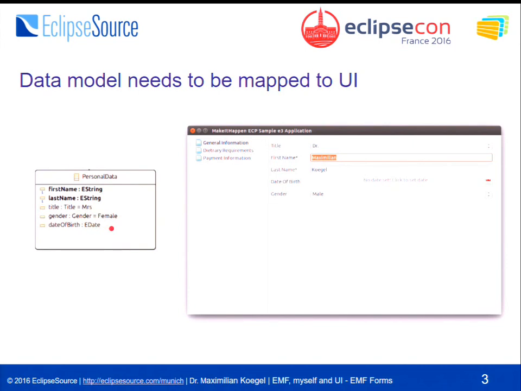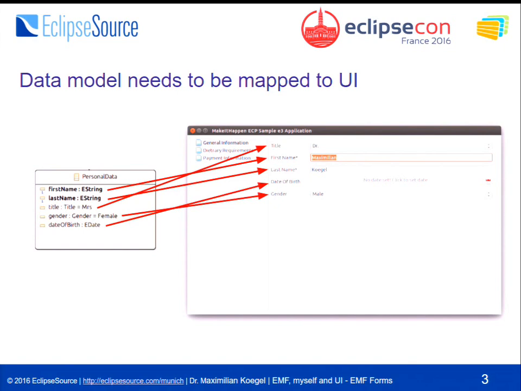And the idea is now that you map those properties onto a UI. So the first name might go here into a field and the last name here, and the other properties are also somehow matched. In general, not all the properties are mapped somewhere to the form. They are not in the same order that they are in the data model, but there is some kind of binding between the data model and your form-based UI.